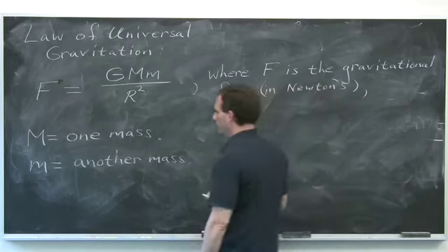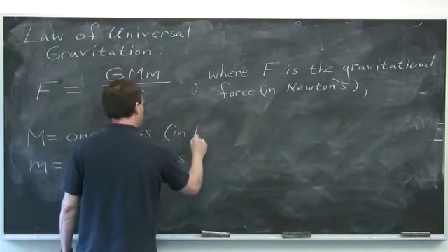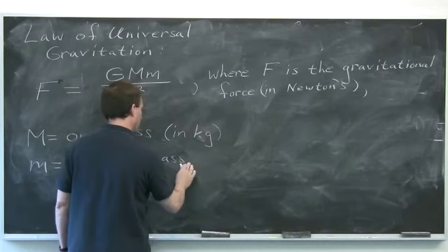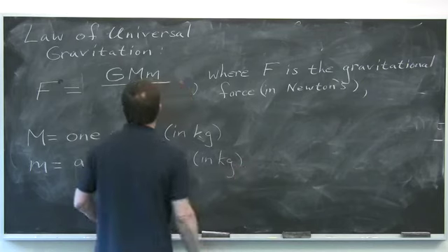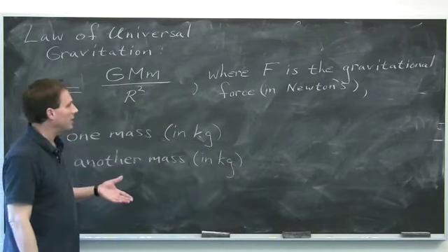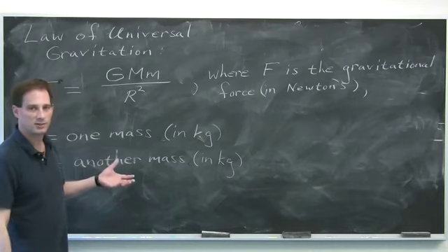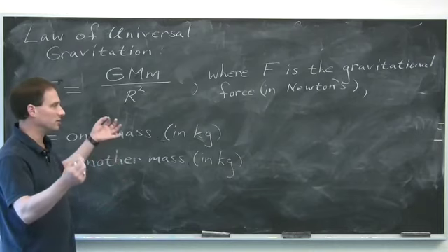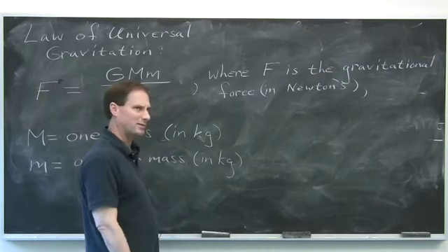I've already said that the m's are the masses, but now if I want my units to be consistent, these will be both in kilograms. R, this capital R, is the distance between the two masses, and because the masses aren't just points, you want to say between the two centers of mass of the masses.